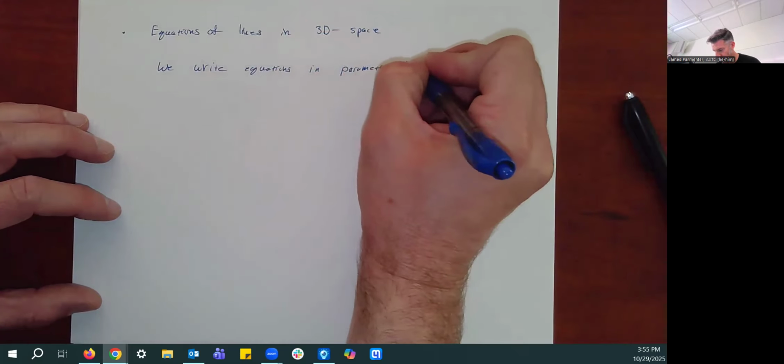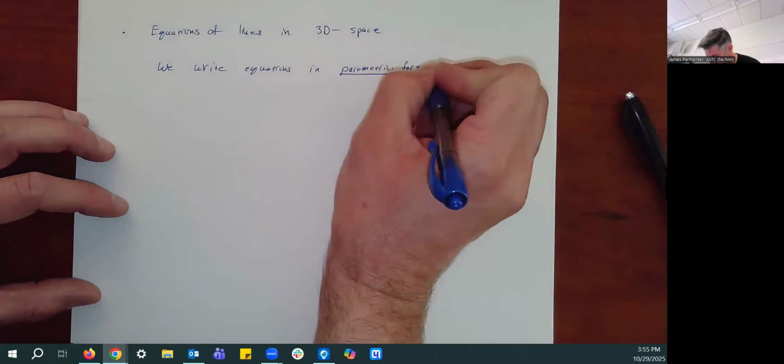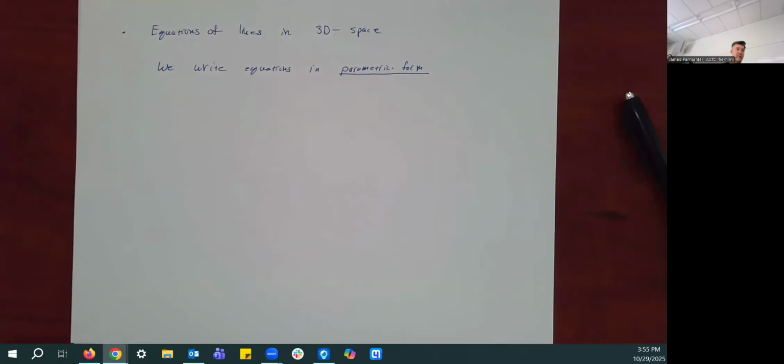Now, parametric form is definitely something that's in the syllabus for 21B. Sometimes it gets kind of cut off at the end. So it's where we write all of our coordinates, x, y, and z, as functions of a fourth parameter, usually t.